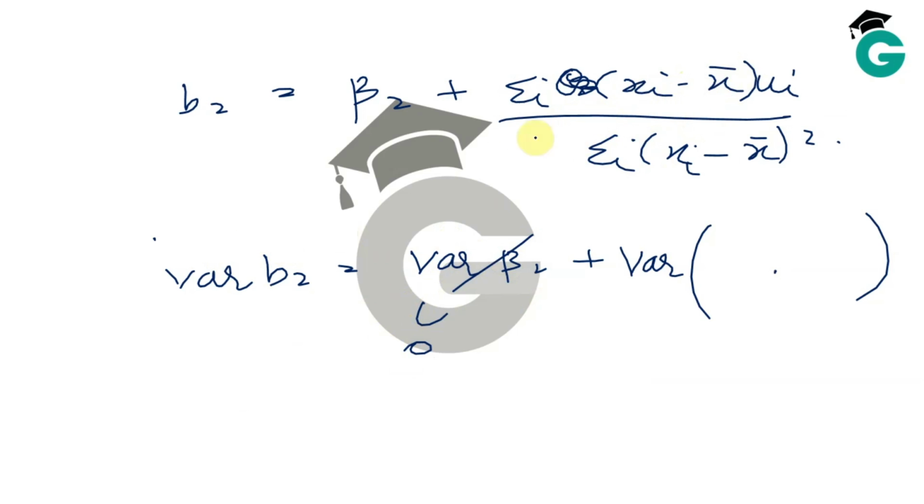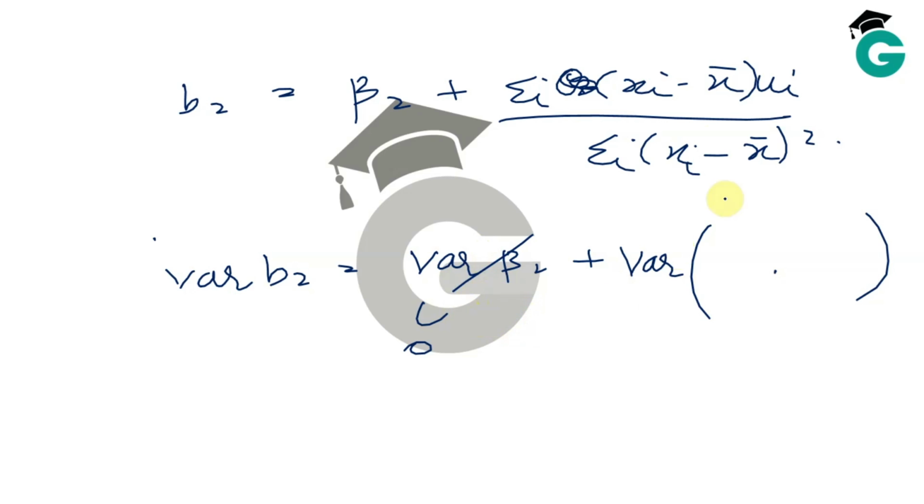Now again, please do not get confused. When I say that the variance of beta 2 is 0, I'm saying this because beta 2 is the population parameter. What you're in fact calculating in this entire exercise is the variance of B2, which is the sample estimate. Okay, please do not confuse the two. It will make your life very miserable if you do that. So variance of beta 2 is equal to 0 because it's a population parameter and it's a constant.